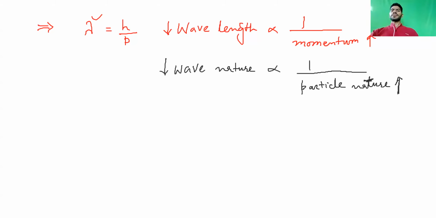It is the same thing whether you call it momentum or particle nature. If a particle has very high momentum, its wavelength will be very small, just as we saw in the case of the cricket ball, where the wavelength came to 5 into 10 to the power minus 40. That is negligible. Got it? So now let's see the experimental evidence.